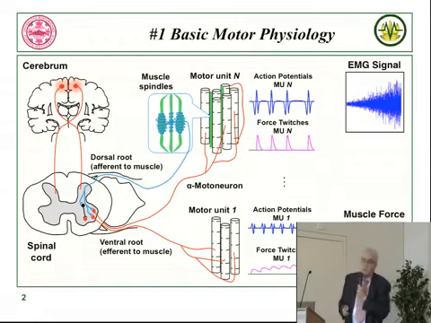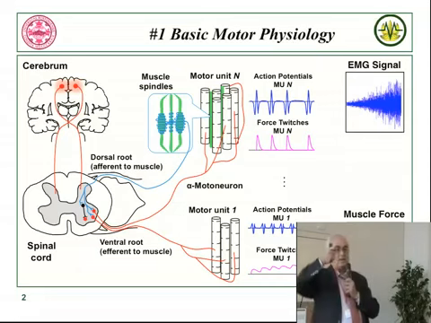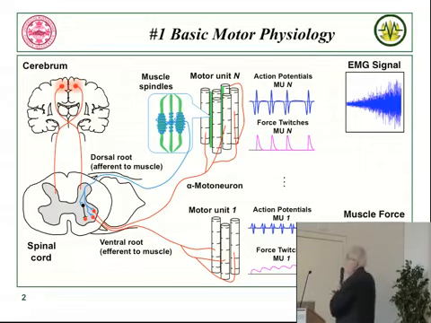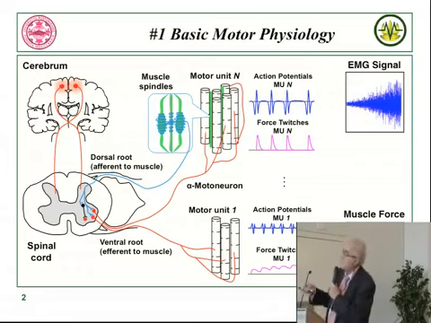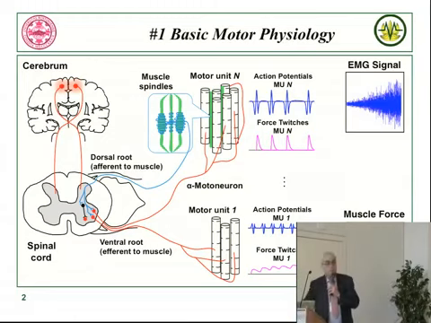in the muscle, but we can't study that because you can't go inside the muscle and measure the force twitches of the individual muscle fibers. It's technically not feasible now. What we can do, though, is we can study these electrical pulses, because relatively speaking, they're much more easy to obtain. And we can look at their characteristics and try to understand what really goes on inside the nervous system as a consequence of that.